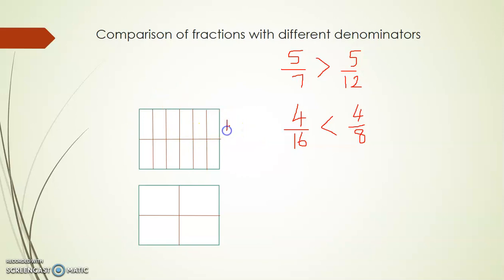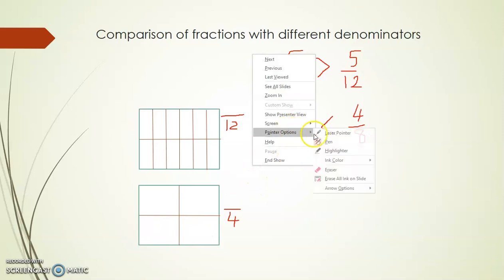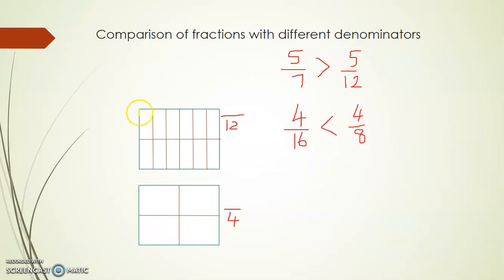Here, this is divided into 12 equal parts. So the denominator is 12 and here the denominator is 4 because it is divided into 4 equal parts. Let us compare 1 by 12 and 1 by 4. 1 by 12 1 by 4 compare ചെയ്തു നോക്കാം. ഇതാണ് 1 by 12.